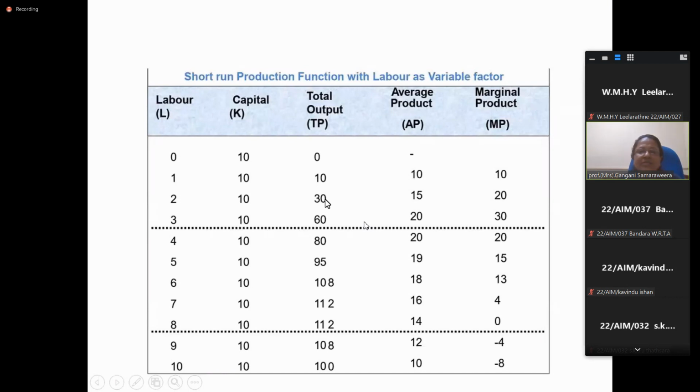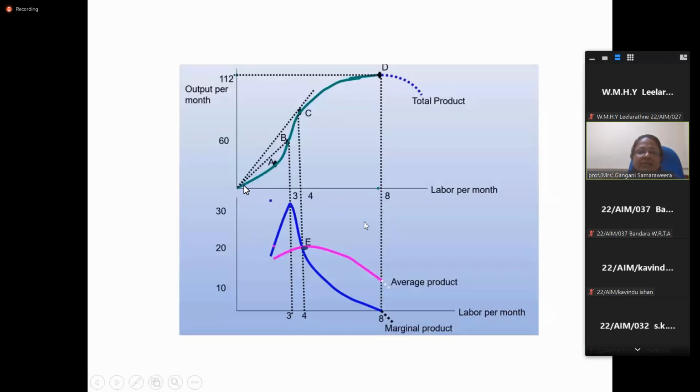So here you can see, if we consider the total output only, it is gradually increasing, up to here increasing, and then it becomes constant, and then gradually decreasing. See here, total product like this, increasing.